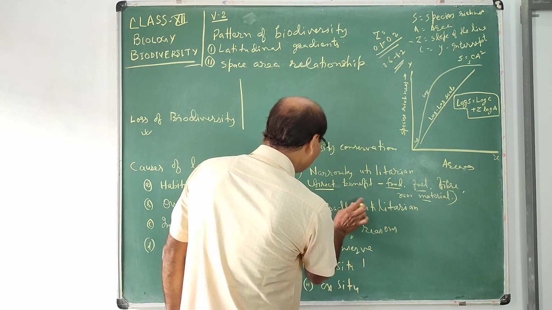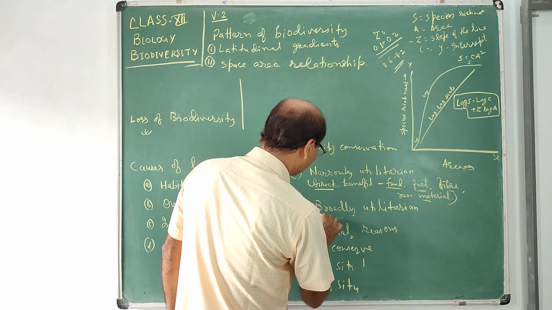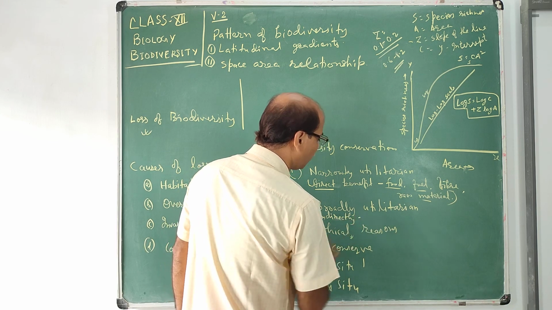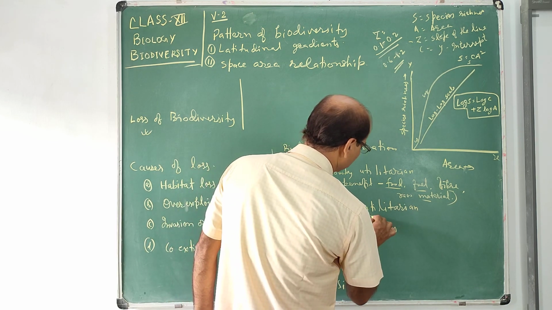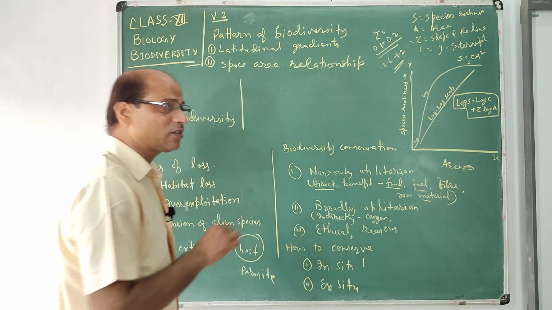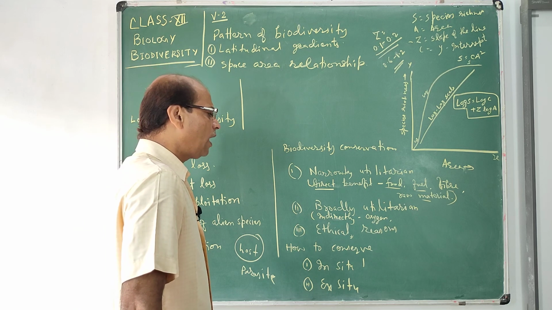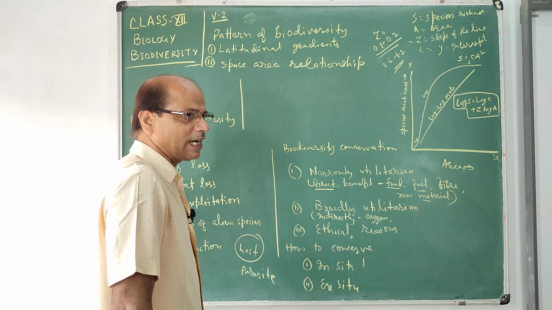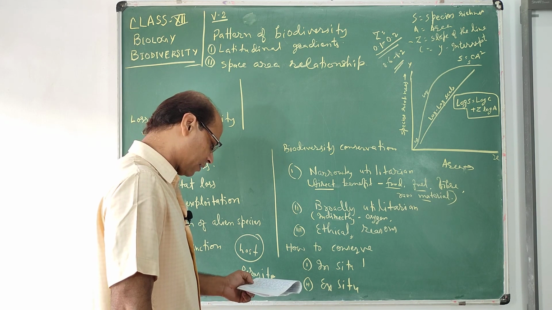See, indirectly we get oxygen. What is the data? 20% of the oxygen required by our living organisms is given by the Amazon. That's what is called the lungs of the earth.